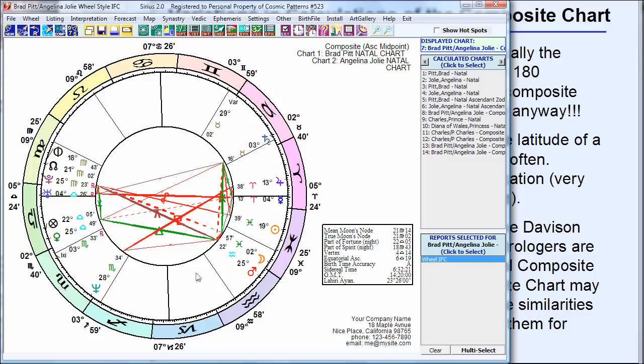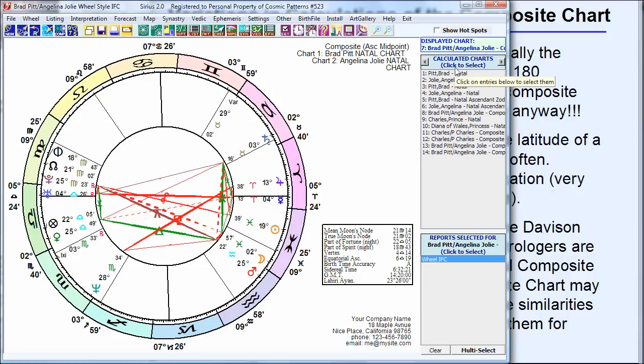So the house cusps will be in order as long as you're willing to flip some of them 180 degrees. It's just a fact. You can calculate them by hand and you'll see that this happens. Take Brad's ascendant and Angelina's ascendant, calculate the midpoint manually, and it might be 6 Libra or it might be 6 Aries. So some of the cusps have to flip 180 degrees to have them in order. It's just the way it works.